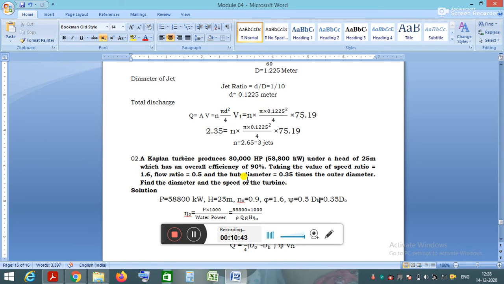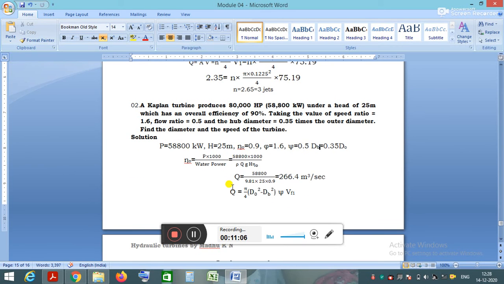In this problem also, he has given the speed ratio as 1.6, flow ratio as 0.5, and he has given that the hub diameter is 35% of the outer diameter. We need to find out the diameter of the wheel and the speed of the turbine.